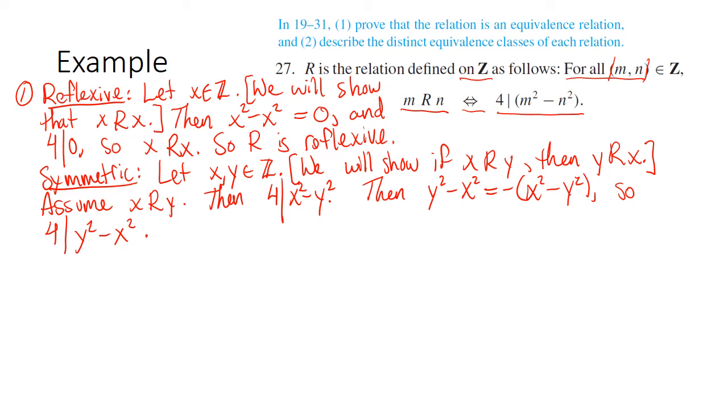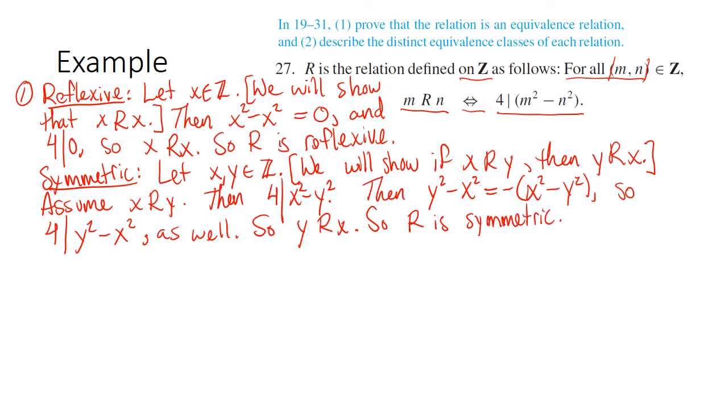It should be pretty obvious that if 4 divides any integer, then it also divides the negative of that integer. So then that means that y is related by r to x. So that means that r is symmetric.